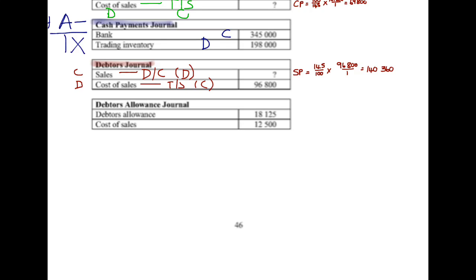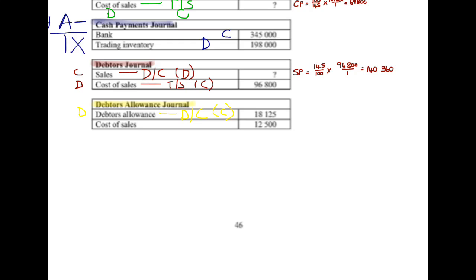The final journal we then need to post is our debtors allowances journal. And I hope that you know by now that the debtors allowances journal has two columns. The debtors allowances column works together with debtors control. So where sales were credited, debtors allowance would now be debited. And where debtors control were debited before, it now gets credited.